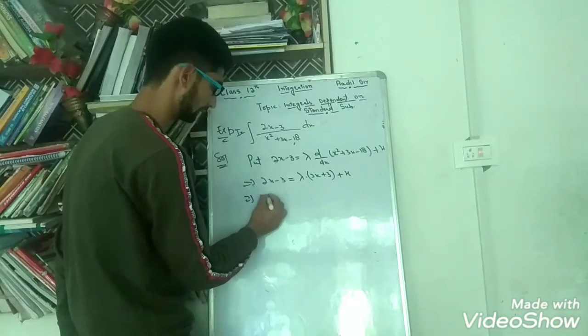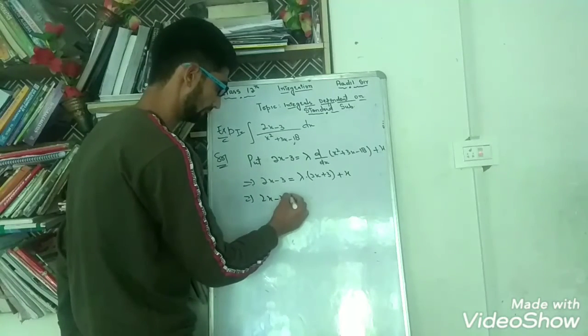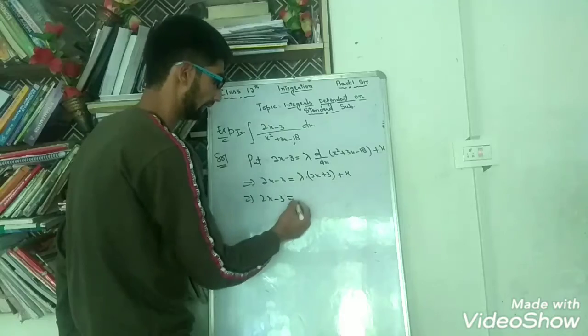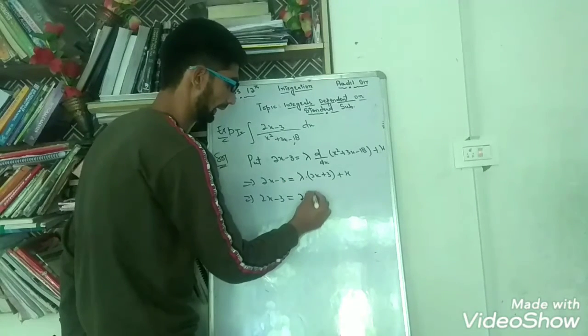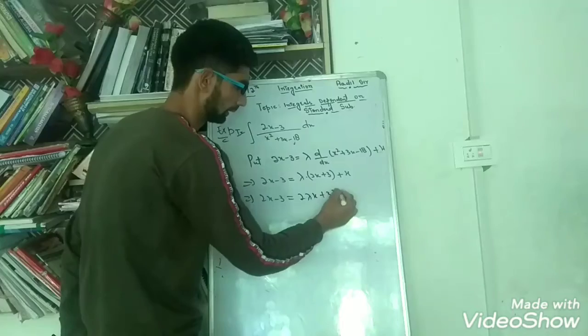Multiplying lambda with this, it will be 2x minus 3 equals 2 lambda x plus 3 lambda plus mu.